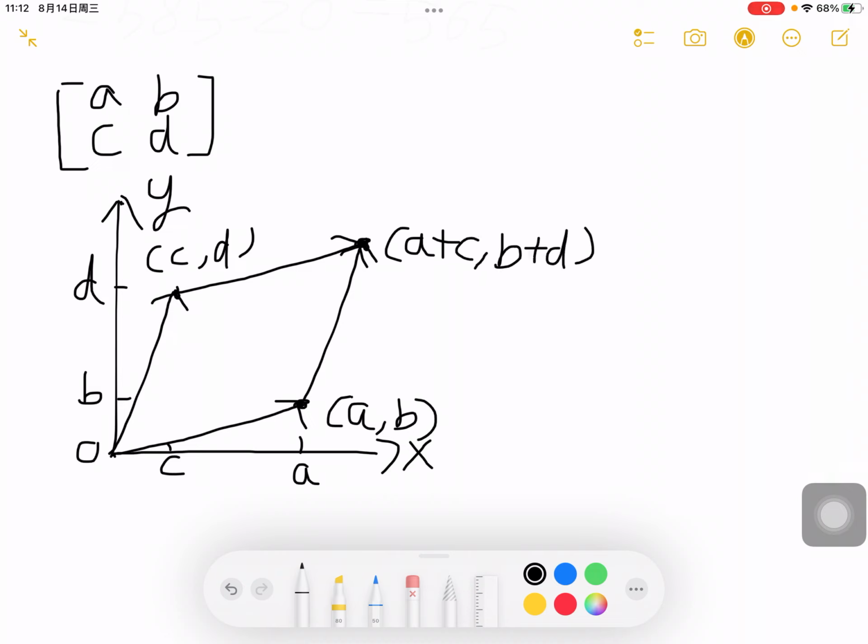Because if you paste this over here, then this goes C units horizontally, so this part also goes C units horizontally. And the same thing, if you paste this vector above, then this part is going to go B units vertically.